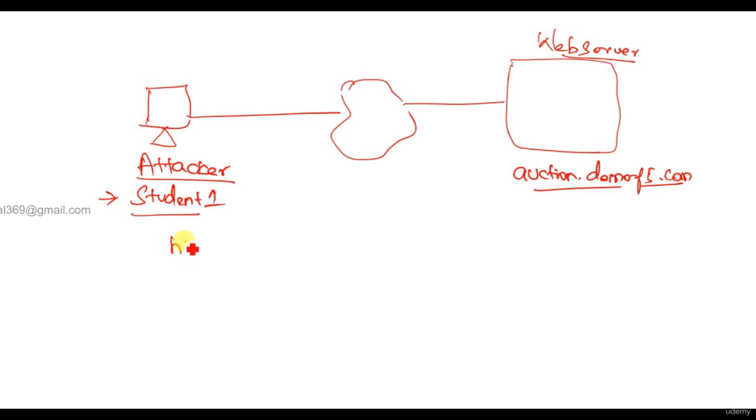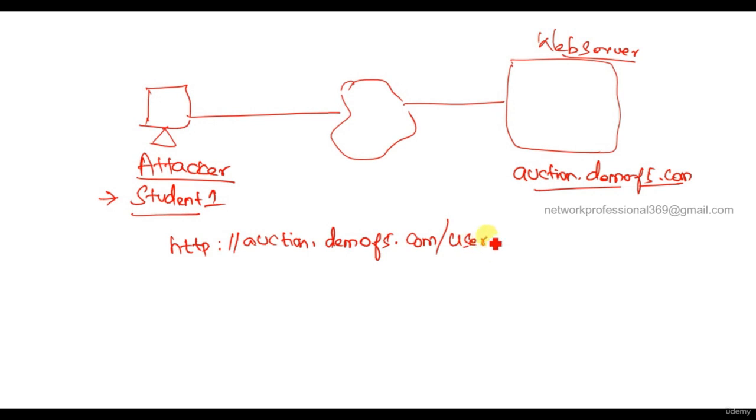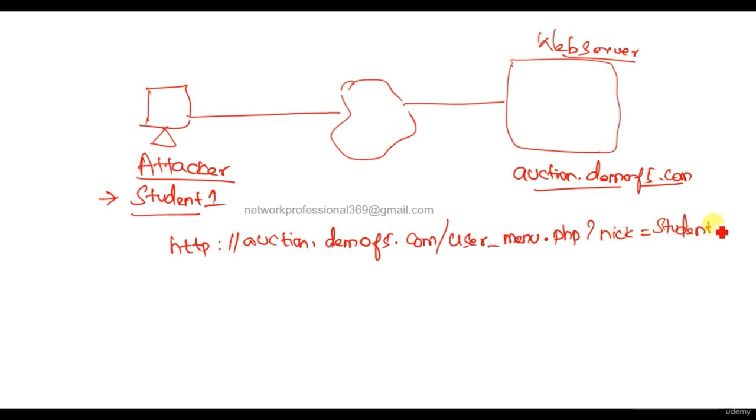It will come as http://auction.demofi.com/user_menu.php. That is the path, and the query string is nick=student1. So when he is viewing the profile of his particular account, this is what the URL looks like.